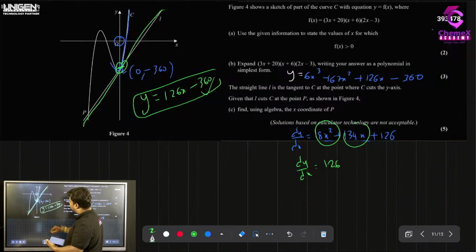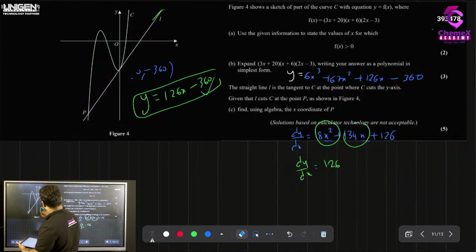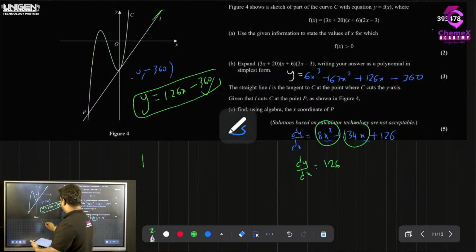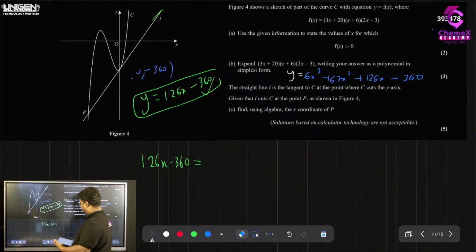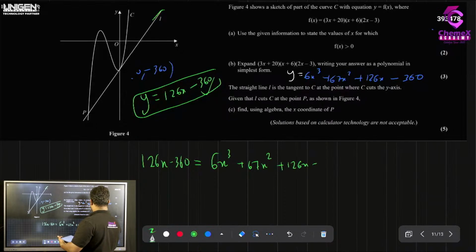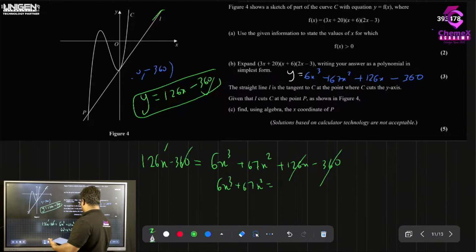Now this equation you have to put simultaneous with the curve in order to find that other place where P is. So 126x minus 360 is equal to what? The equation: 6x cubed plus 67x squared plus 126x minus 360. So these two cancel off. 6x cubed plus 67x squared is equal to 0.